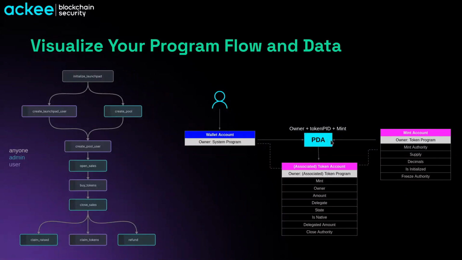Basically it is a PDA account that is based on the owner's public key, then the token program ID, and the public key of the mint account. So you can directly see the structure, what is saved where, and how the PDA is calculated.